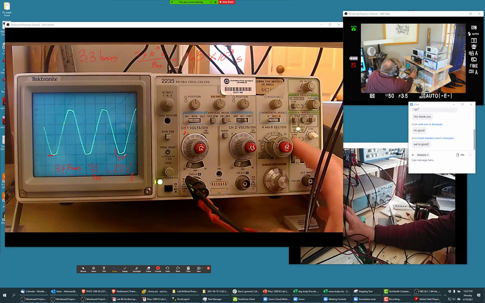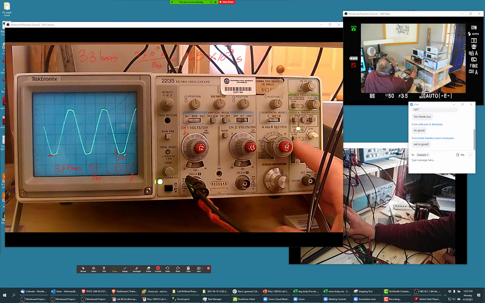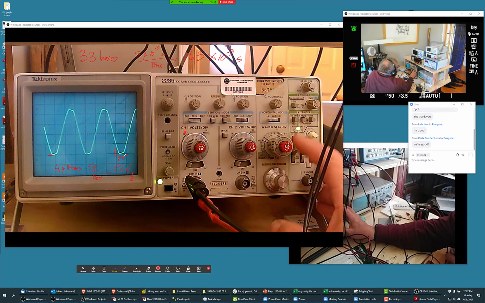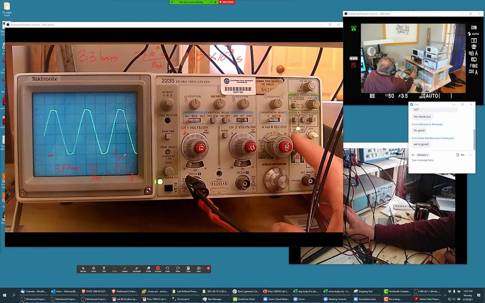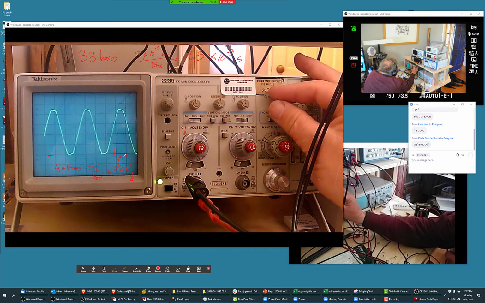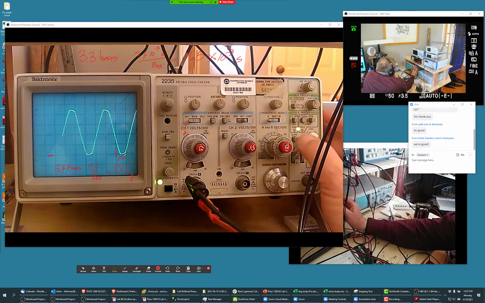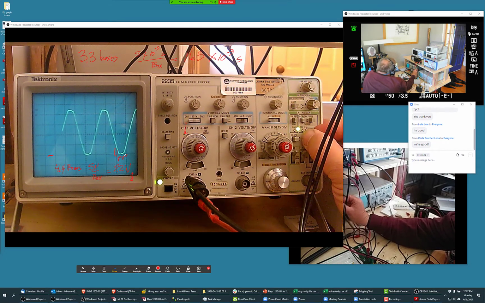And I've got a button here that says if it's pushed in, I have negative slope. If it's pushed out, I have positive slope. So notice that the trace begins on a positive slope, and then the level knob tells me how high it goes. There's a limit. That's interesting. I never saw that before.